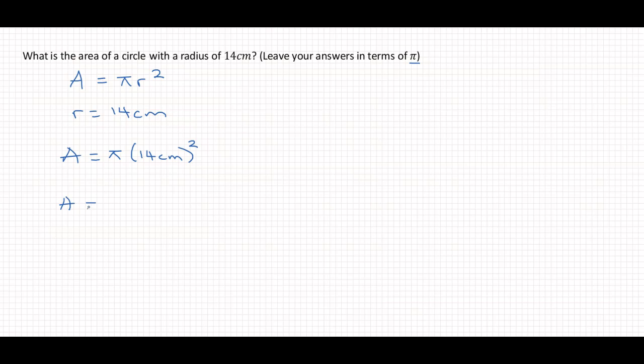So our area is going to give us pi multiplied by 196 centimeters squared. So this is going to give me 196 pi centimeters squared. The reason why we do it this way is because the question says leave our answers in terms of pi, which means leave pi in your answer.